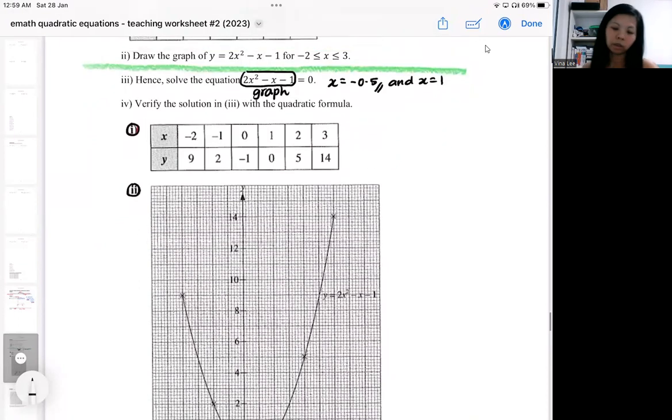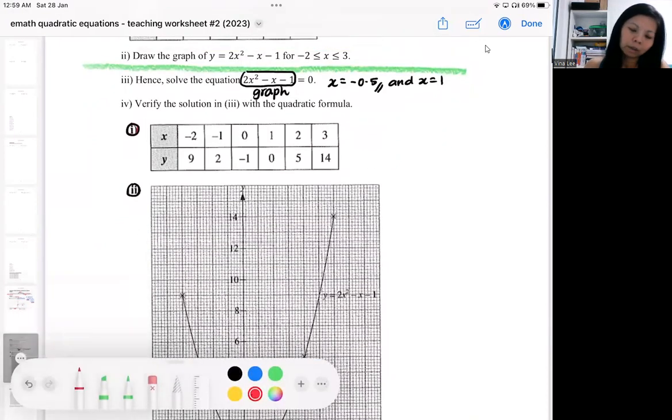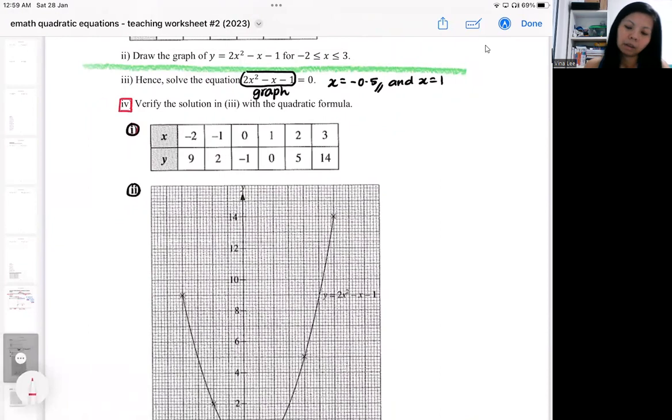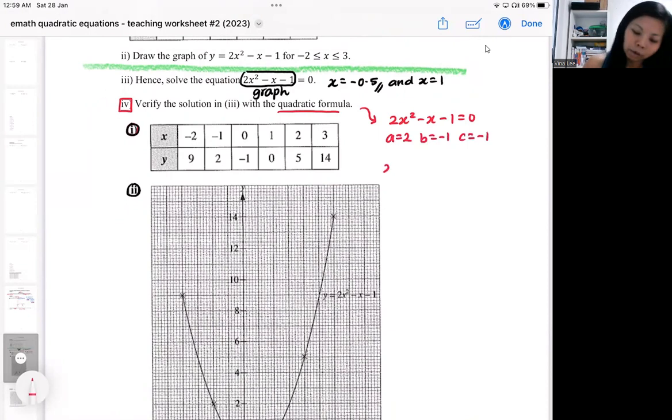In the last part, we actually want to verify. So what is your understanding of verifying? That means I'm going to be doing the same question, but I'm going to be using the quadratic formula. So I'm going to show my quadratic formula, and I'm expecting that I should get the same answer as the x-intercept.